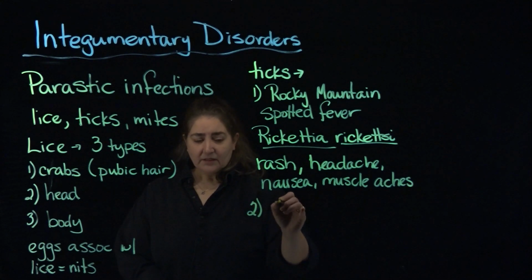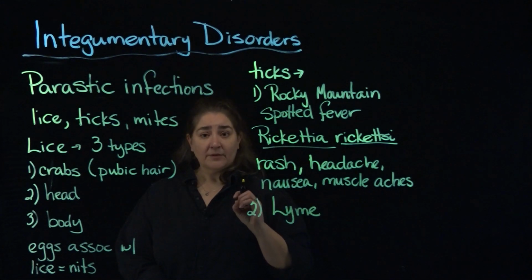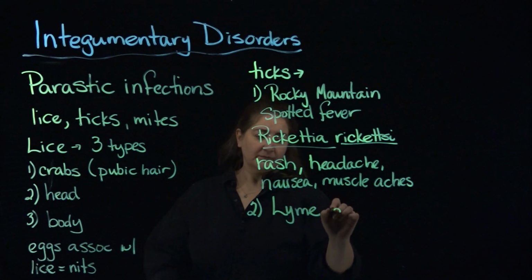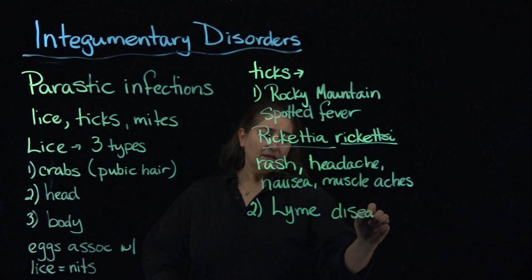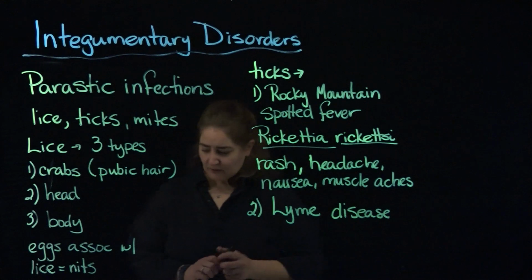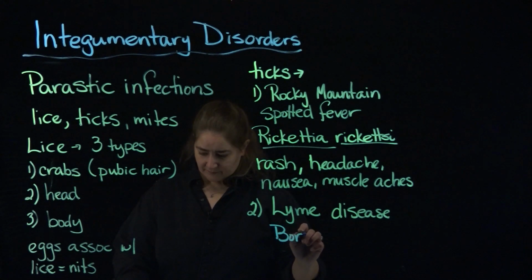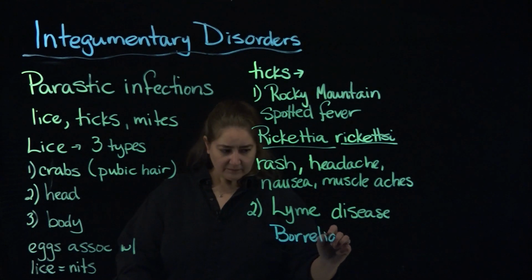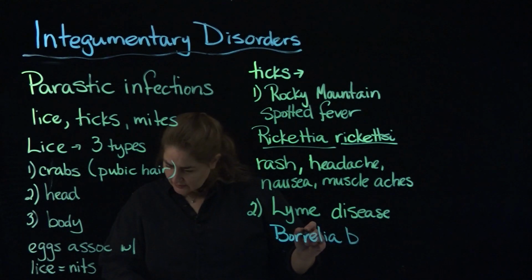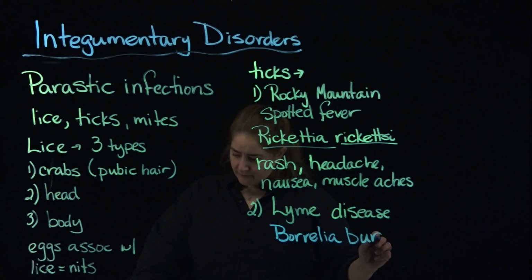All right. Lyme disease is another tick-borne infectious disease. This is caused by a different infectious agent. I'm going to put it in a different color. It's going to be Borrelia burgdorferi. Now there's a mouthful for you as I check my spelling.